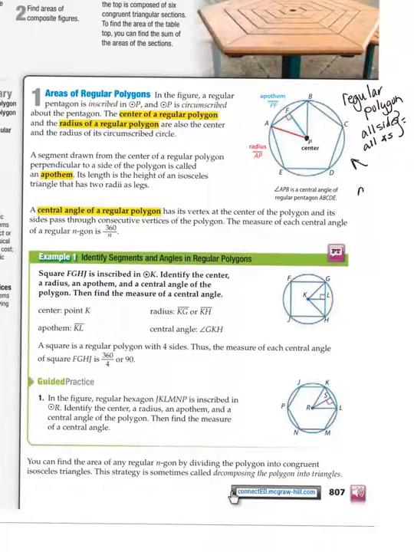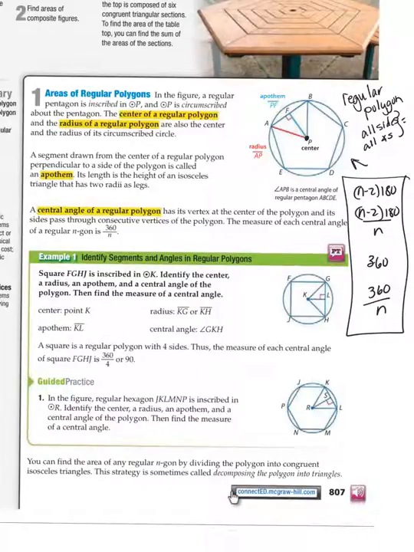Remember, (n minus 2) times 180 is our sum. (n minus 2) times 180 over n is the measure of one interior angle of a regular polygon. 360 is the sum of the exteriors, and 360 over n is one exterior angle of a regular polygon. So these things that we had a long time ago are still crucial that we know.